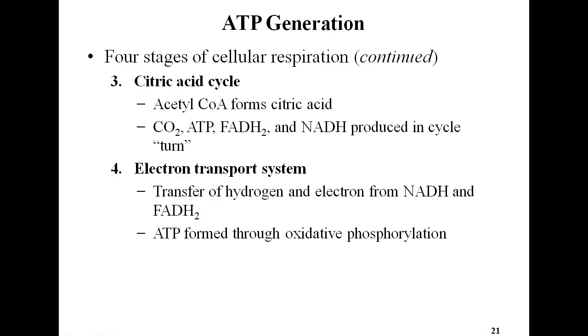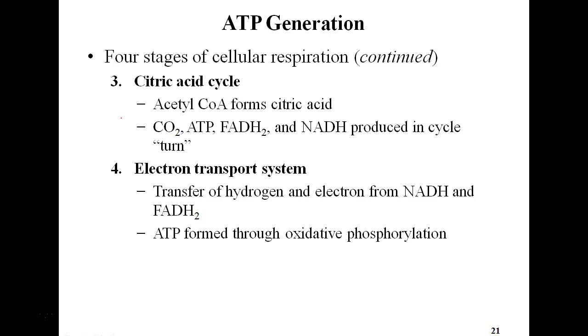And that brings us to the third phase of ATP generation. That is the citric acid cycle. Here in this citric acid cycle, we take that acetyl coenzyme A from the previous stage and we form citric acid. So the citric acid cycle is a metabolic pathway that occurs in the matrix of the mitochondria.